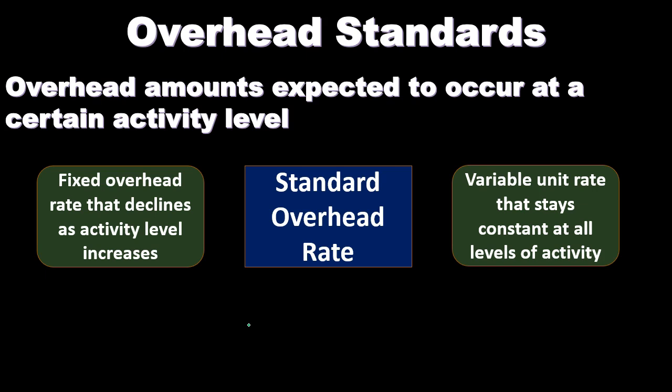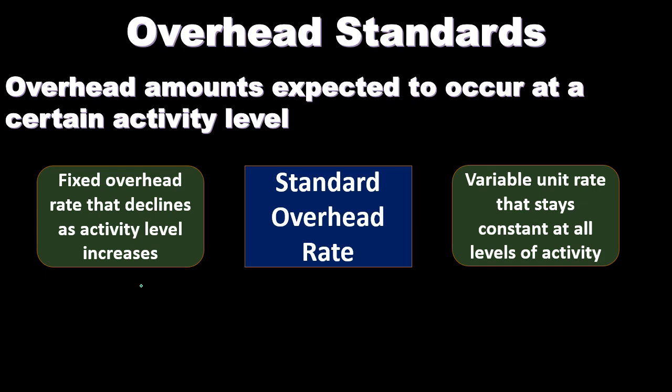And we're going to try to apply a rate, treating it kind of like it's variable in essence, because we're using this rate that is going to be applied as if it was a variable kind of activity. But we know that there's going to be a fixed component to it, and fixed components will be treated differently as activity levels go up.